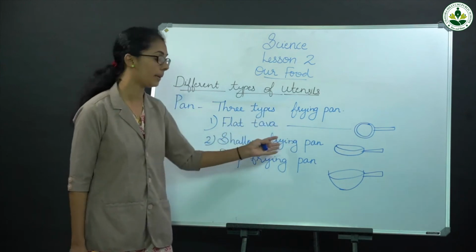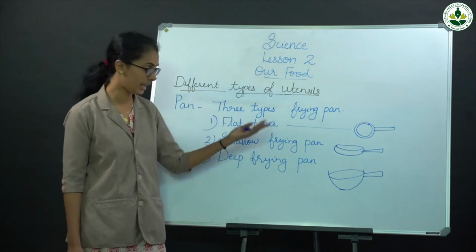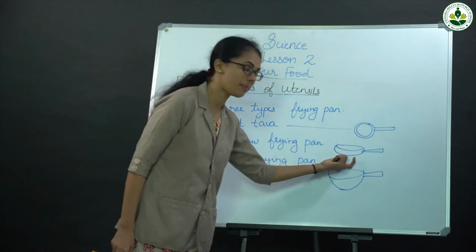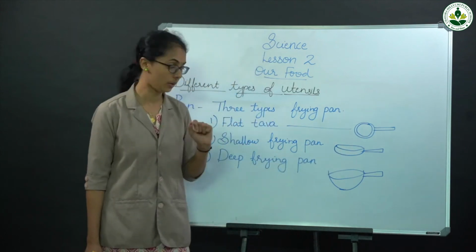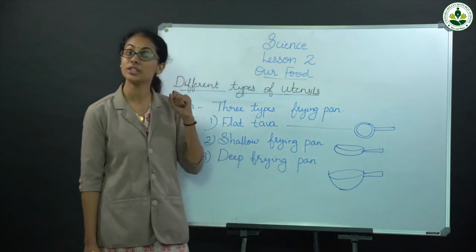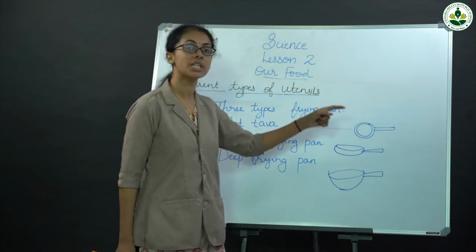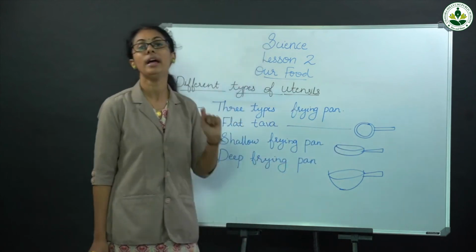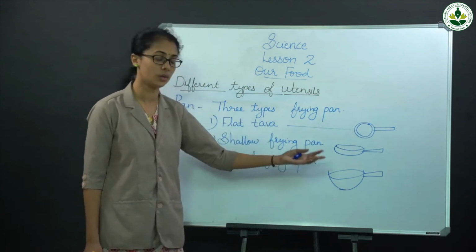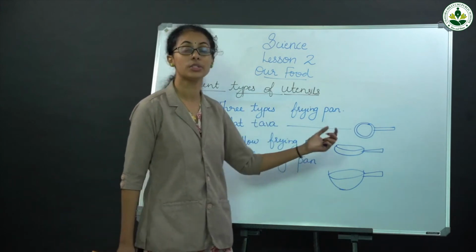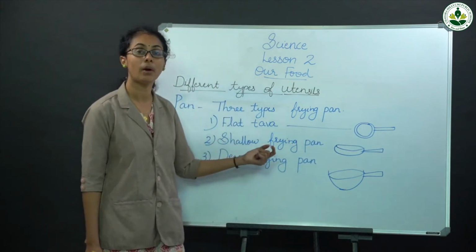The depth of this pan is less, so we don't need so much oil. The next one is the deep frying pan. Compared to the shallow frying pan, its depth is more. It is used for cooking or frying fish, meat, that type of thing.